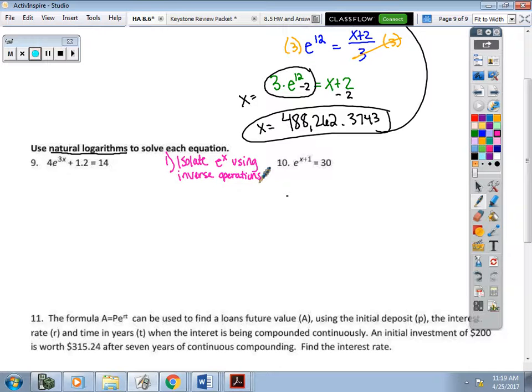So I would start off by undoing addition with subtraction. Then I would undo multiplication with division, because you can't take the log of both sides until you have that base by itself, that e.